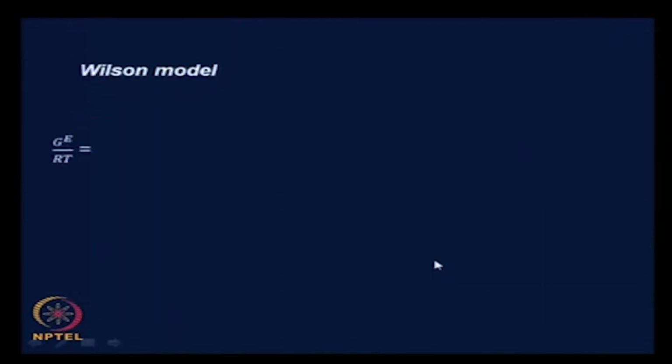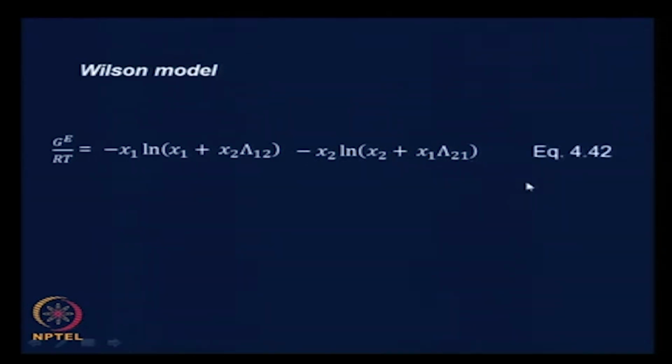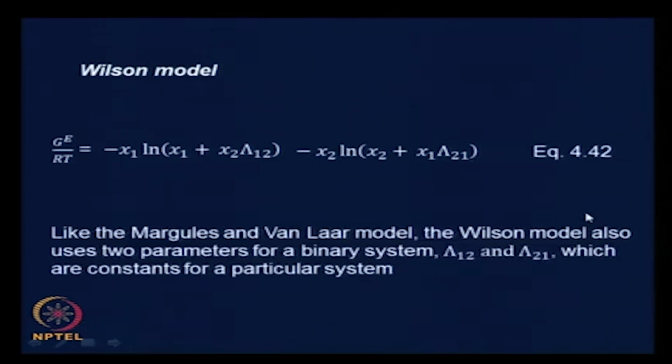The Wilson model says that GE by RT, it has to be a model for GE by RT, equals minus x1 times ln of (x1 plus x2 times gamma 12) minus x2 times ln of (x2 plus x1 times gamma 21), and we call this equation 442.